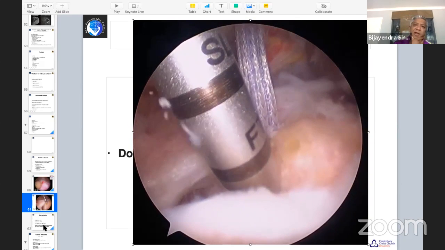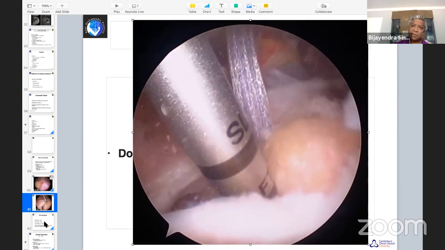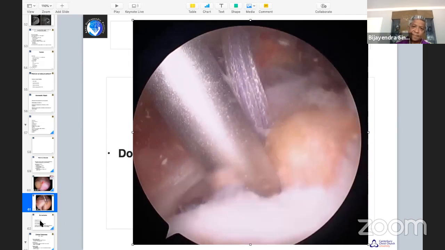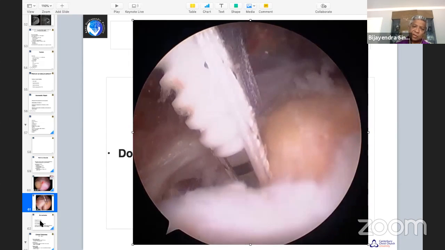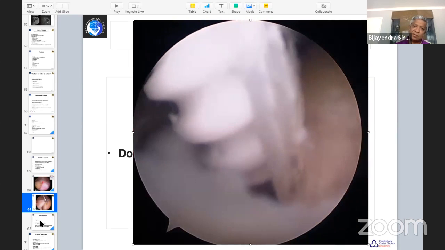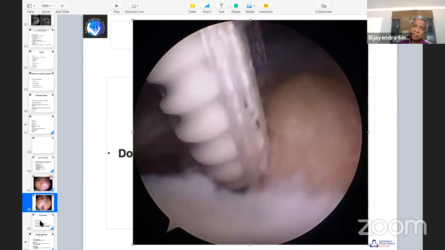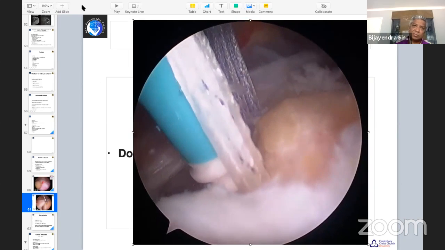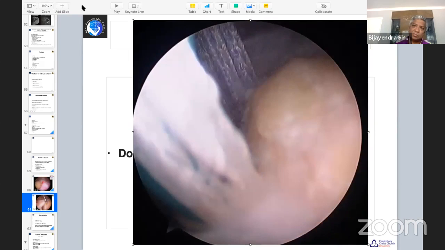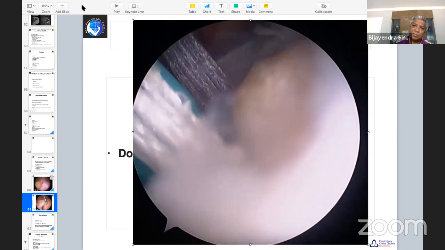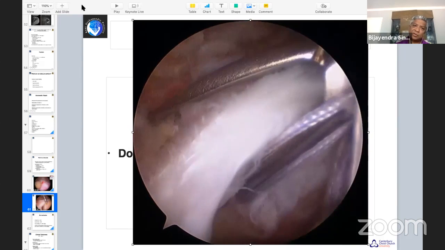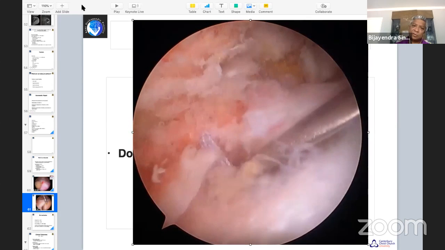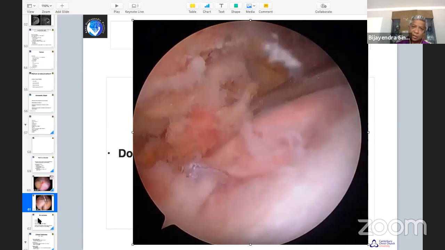Now, these videos are available on my website, so I'm going to skip it through for time purposes. So those are the two medial row anchors going in. And then you pass your sutures through the rotator cuff.